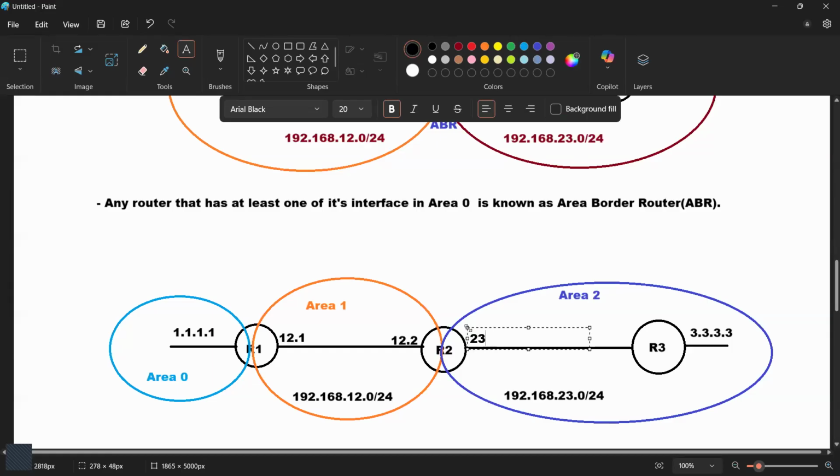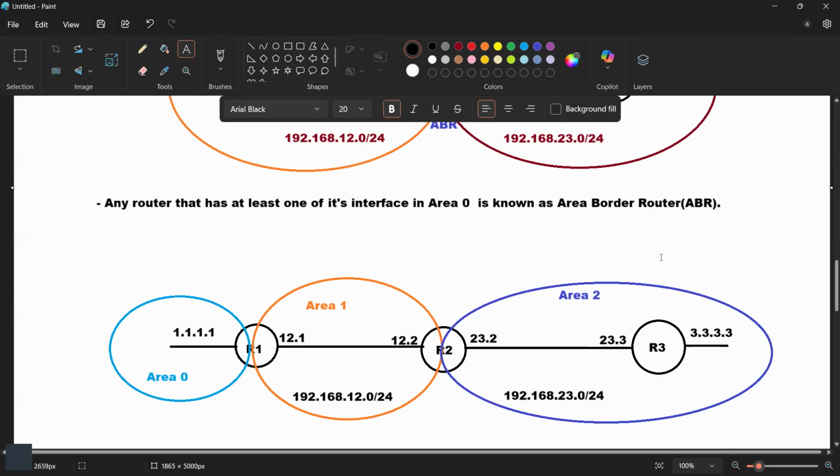This one is 23.2 and this one is 23.3. And still R1 will not be able to communicate with R3. Why? Because your area 1 is connected to area 0, but is your area 2 connected to area 0? No. Area 2 is not connected to area 0.